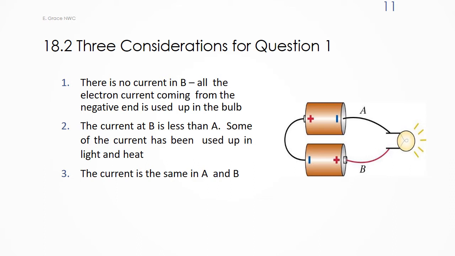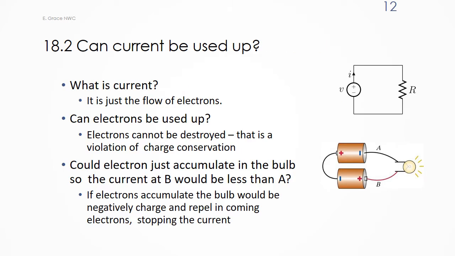using what we have learned so far over the sequence of Physics 1 and what we've covered so far in Physics 2. So first of all, we need to think about what current is. Current is just the flow of electrons. That's all it's describing. They're hitching a joyride going around a conductor. And so if that's the case, then can electrons be used up?